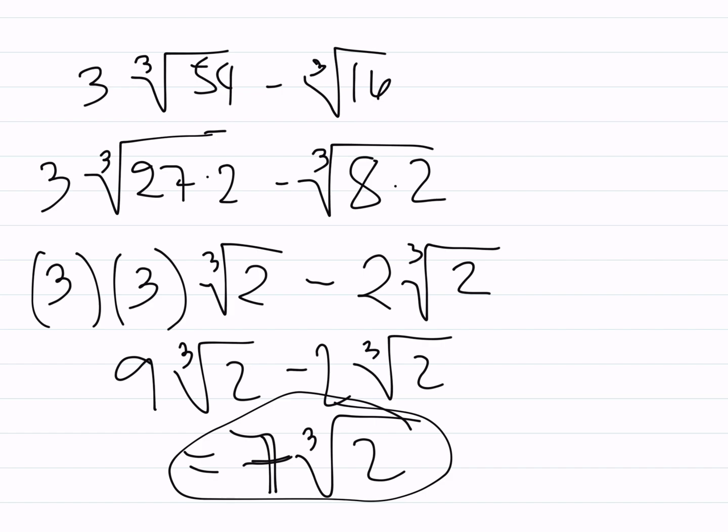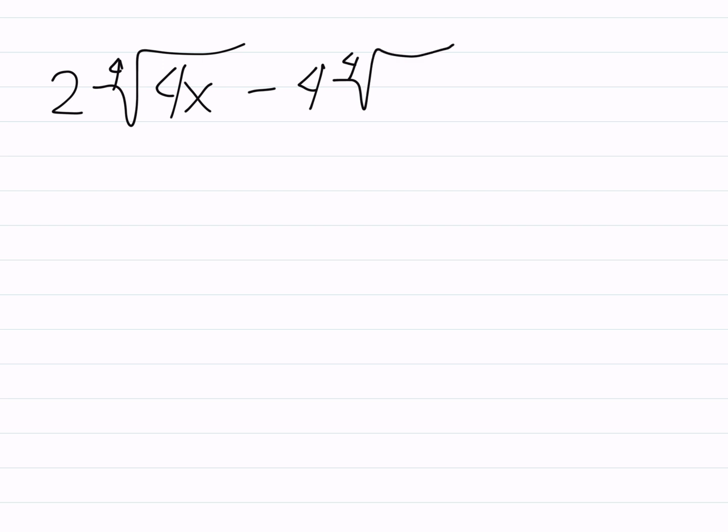Next example of adding and subtracting unlike radicals. How about this one? So 2, then the fourth root of 48x minus 4, then the fourth root of 243x.